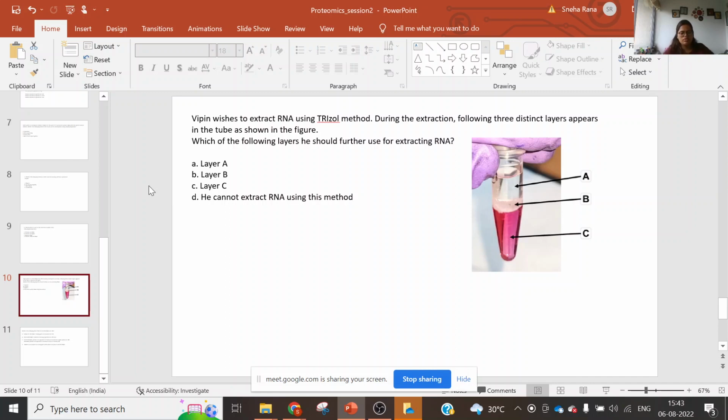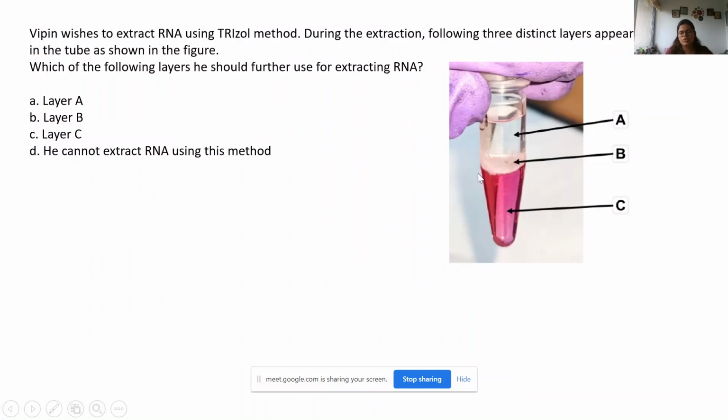Here your DNA will be present, and finally in the organic layer, the last layer down, the proteins will be present. So this is a very unique and useful method because from one single sample, let's say you are working on human serum or plasma samples which are very restricted, and you are not able to get so many samples, and you want to perform RNA, DNA as well as protein analysis.